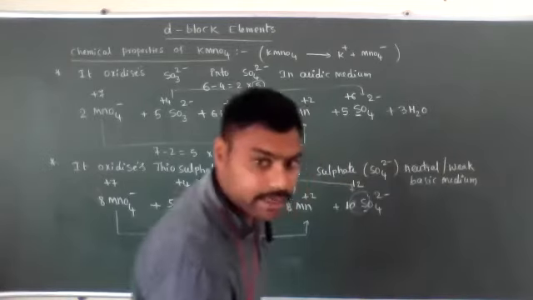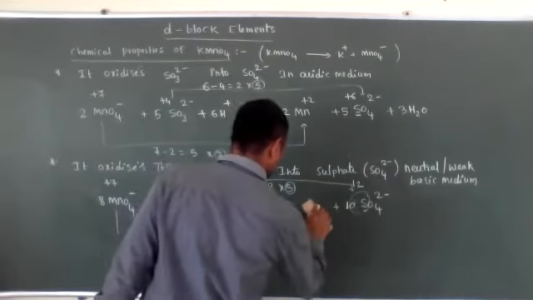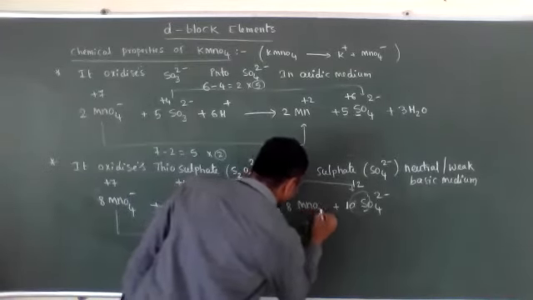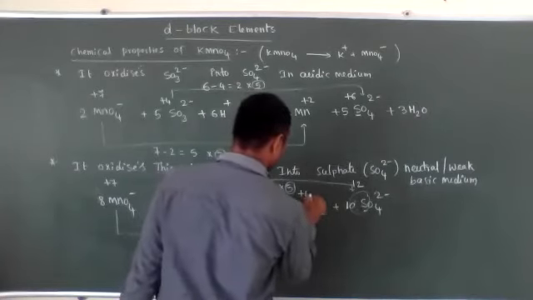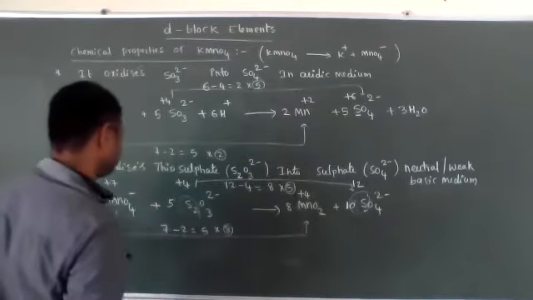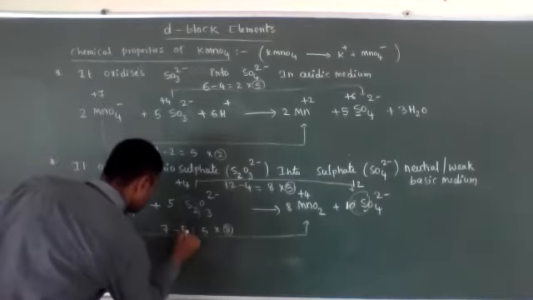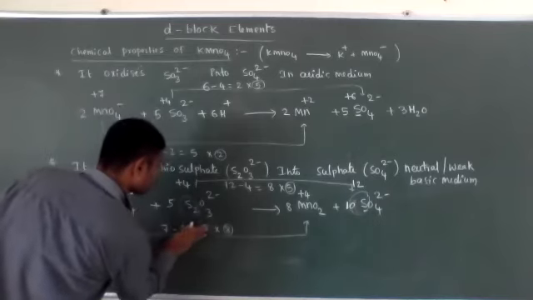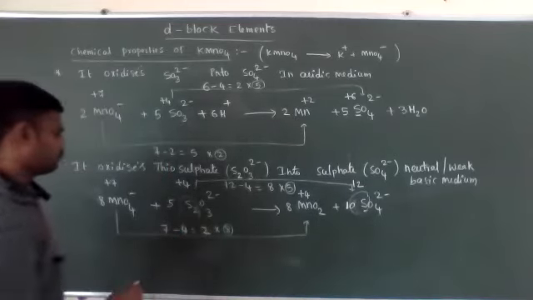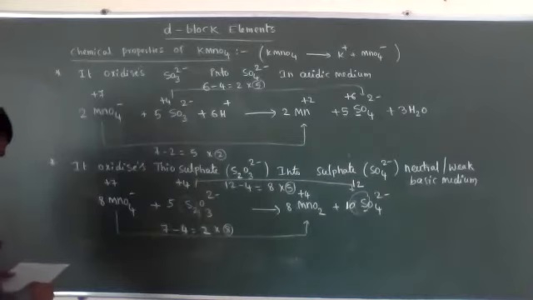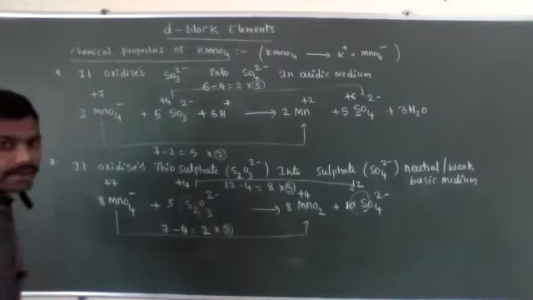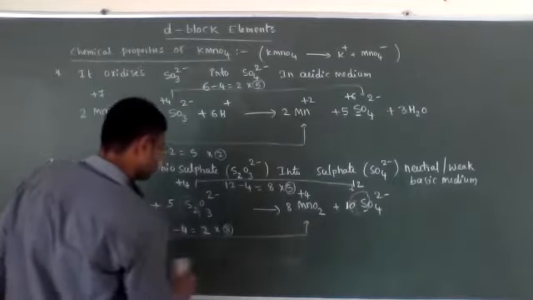Neutral or weak basic medium means the Mn is converted into MnO2. The oxidation state is plus 4. Now 7 minus 4 is equal to 3.